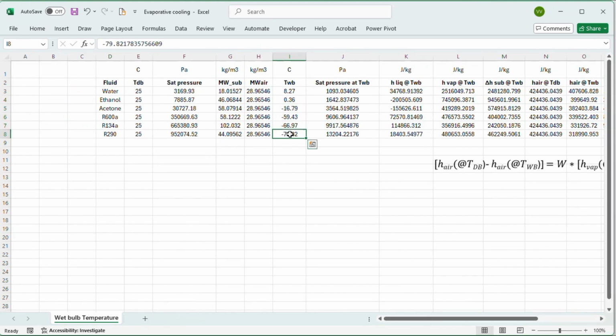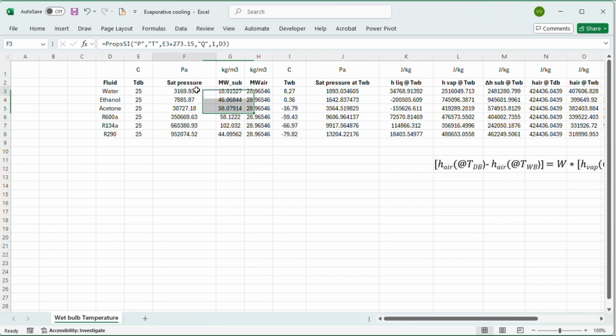So you can see some refrigerants create a big drop in temperature due to their evaporation compared to water, which, from 25, will drop to 8.27, but there are some other refrigerants that drop much more significantly. So wet bulb temperature is accounting for all the factors that are needed to account for the drop in temperature.